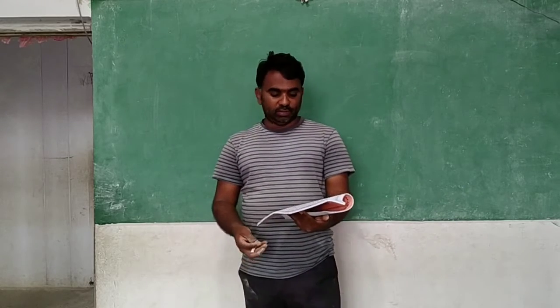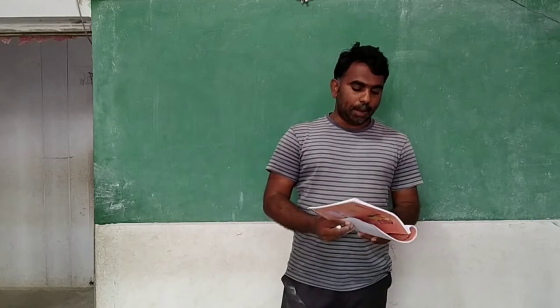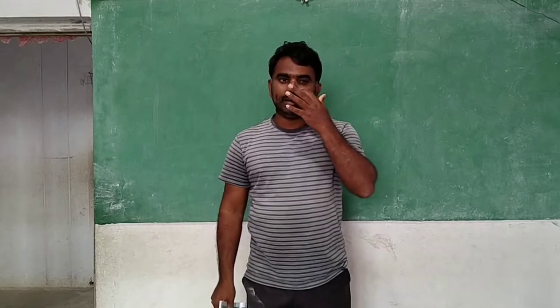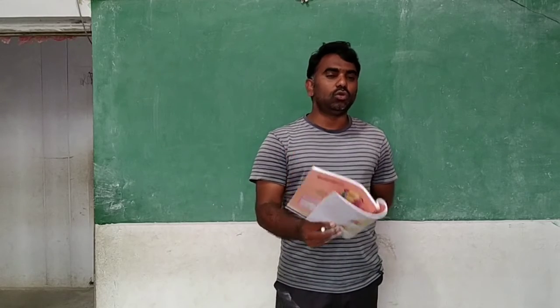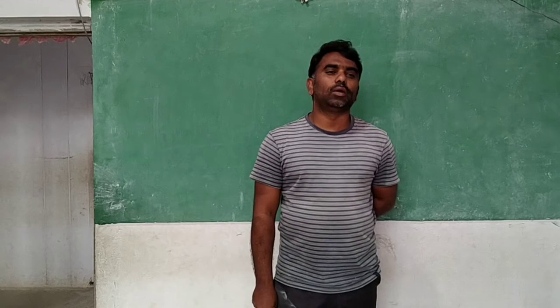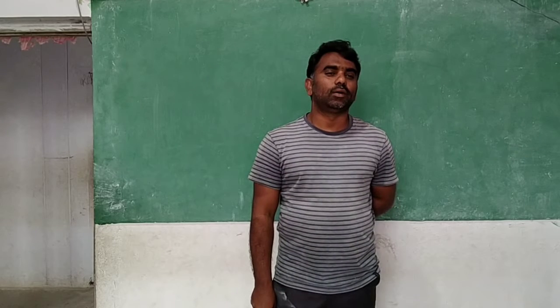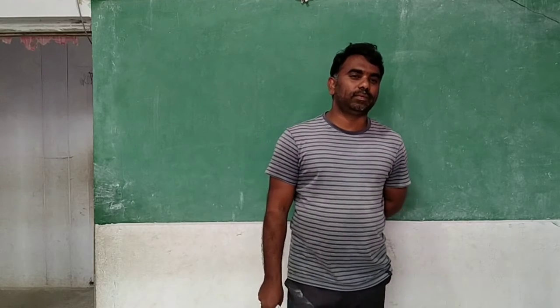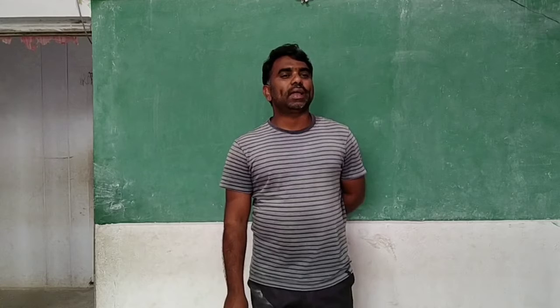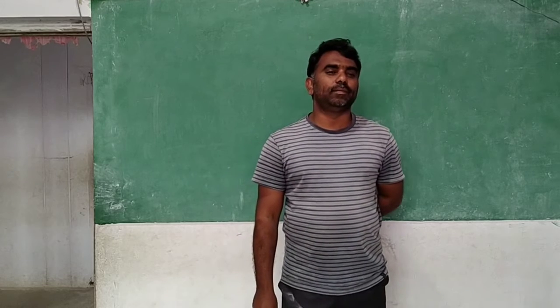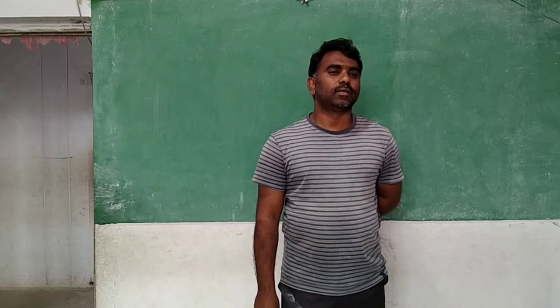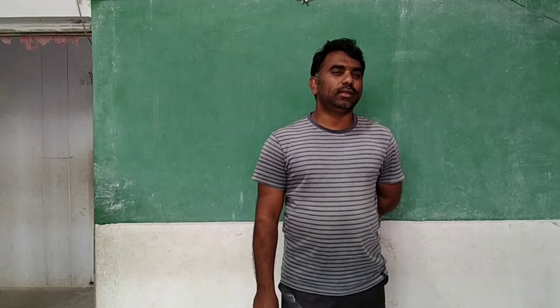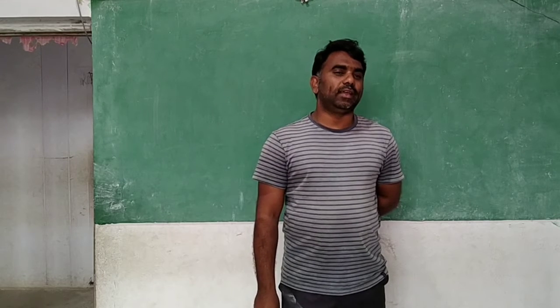On page number 53, you see here, a packet contains 10 pencils. How many pencils do 2 packets have? In one packet, there are 10 pencils. In 2 packets, how many pencils are there? 20.